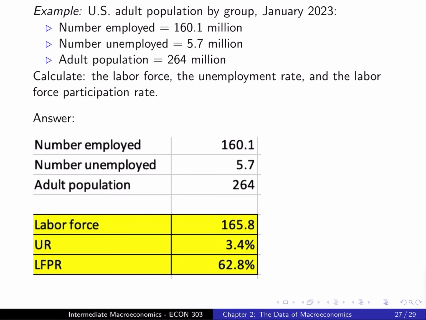Finally, we calculate what fraction of the adult population is in the labor force. That is the labor force participation rate, which equals 165.8 divided by 264 times 100%, which equals 62.8%. This means that about 62.8% of the adult population was either working or actively looking for work.